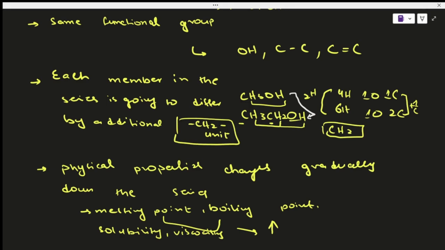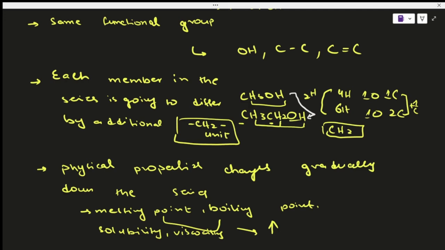They can ask you anything, and the characteristics you need to know remain the same throughout every homologous series. Individually every homologous series is different because you have different molecules, but on a broader basis it remains the same. All of the organic molecules follow these 4 points in their homologous series. So this is the idea.